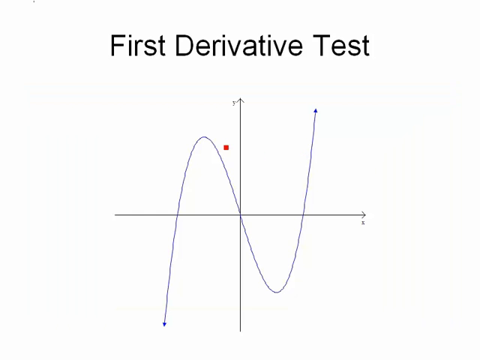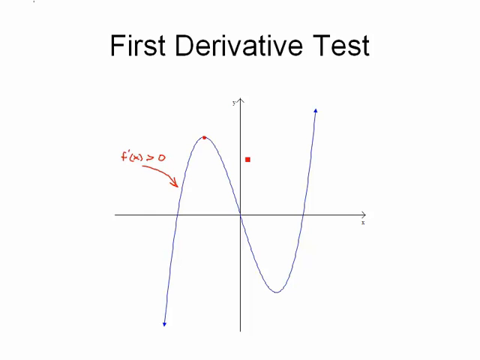So let's take a look at an example. Clearly, when I look at this function, this is a relative maximum. If we were to look at the derivative on the left-hand side, all the points on the left-hand side, f prime of x would be positive.